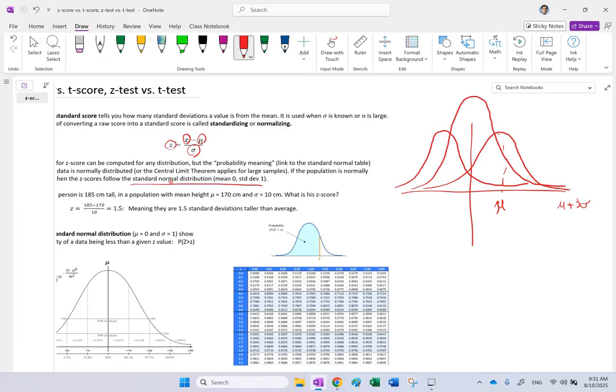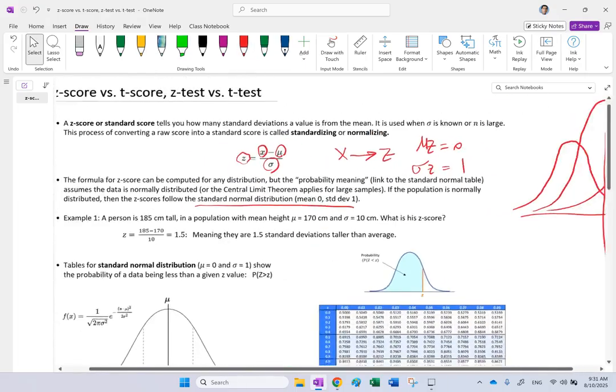And because we are subtracting the average from each data point, as I'm going from x to z, the average of z, the mu for z, is going to be 0, while the mu for x is just mu. And since I'm dividing by sigma, the sigma for z is going to be 1, okay?